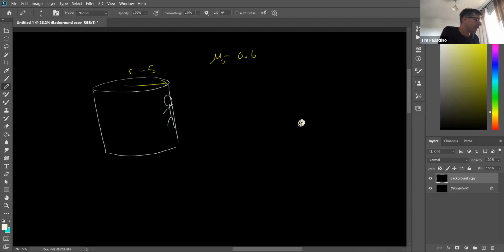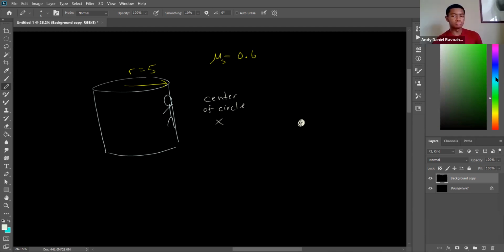Let's say this is towards the center of the circle, just as a reference point. Can you show me with fingers how many forces are acting on the person inside of the cylinder?